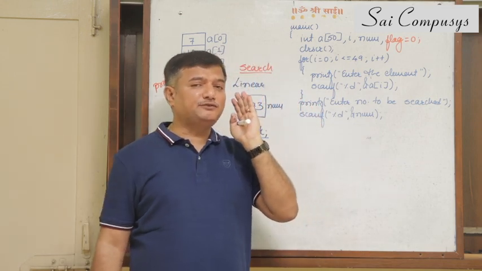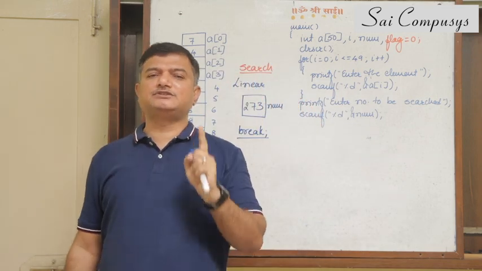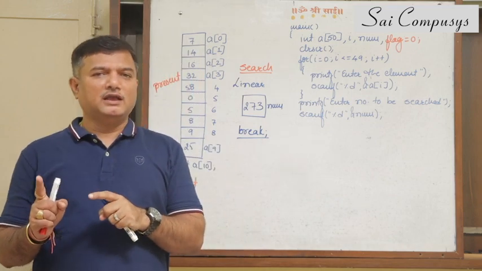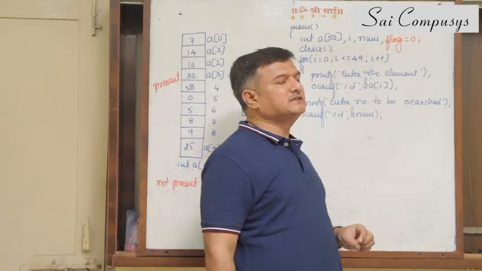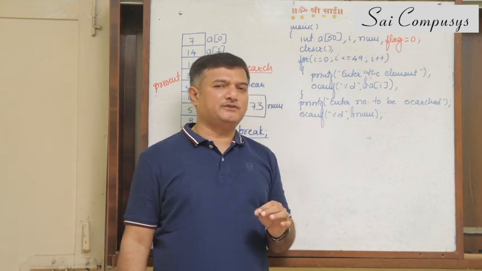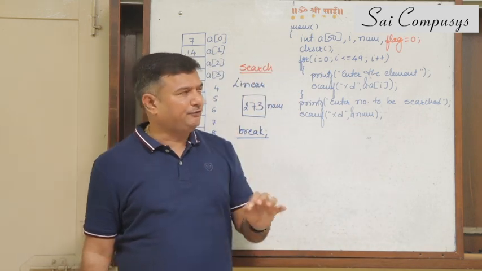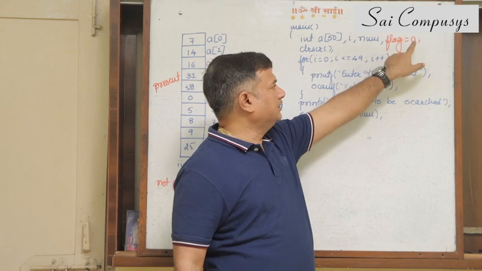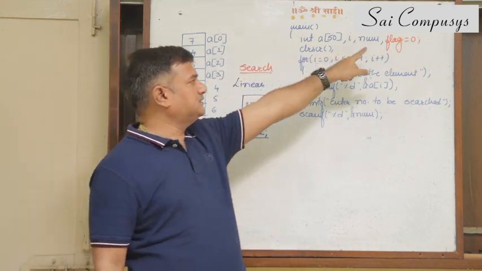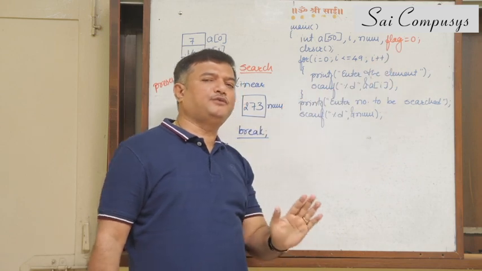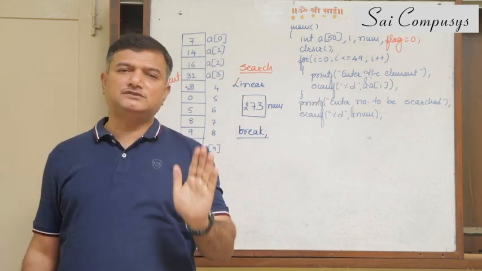If the number is found, I will update its status from 0 to 1. If it is not found, then the status will not get updated. The status will remain as 0 itself. Hence, I have to use this variable flag with initial value 0. If the number is found, I'll update its status to 1. If not found, its status will remain as 0.